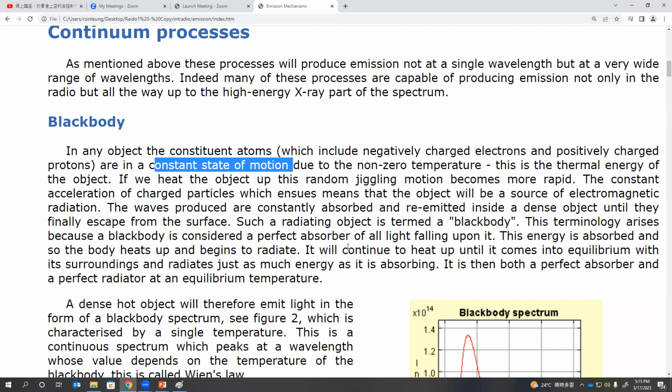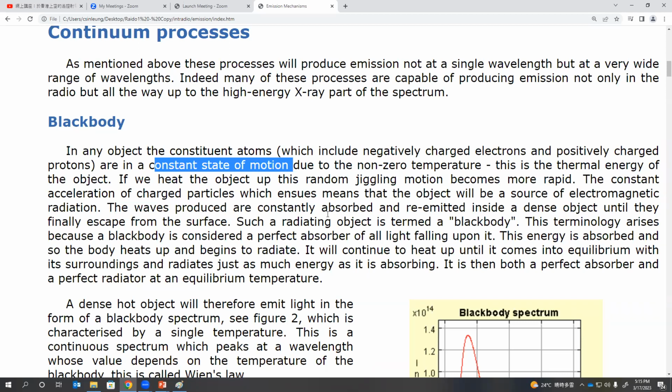Anyway, at temperatures higher than absolute zero, even a little higher, they have a constant state of motion, but this is a very small motion. Usually we call it thermal energy. Suppose we heat up the object, what will happen? Originally the object has this constant state of motion.